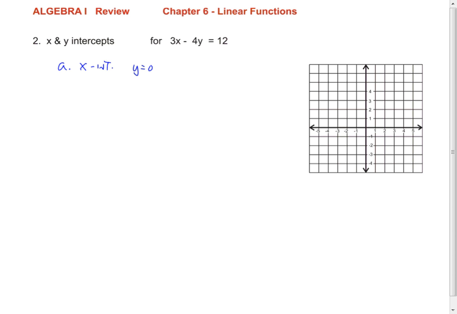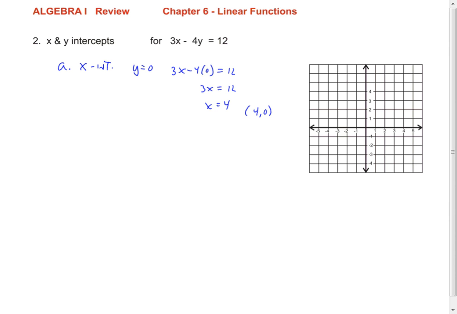Take your function, and where the y is, put in 0. So you have 3x minus 4 times 0 equals 12. Therefore, 3x equals 12, and therefore x equals 4. So the x-intercept is x equals 4. If they want it in coordinate form, it'll be 4, 0, right?